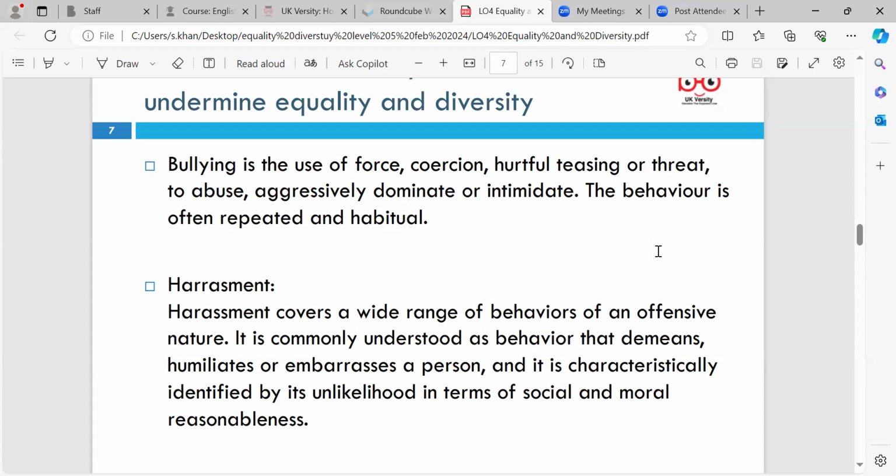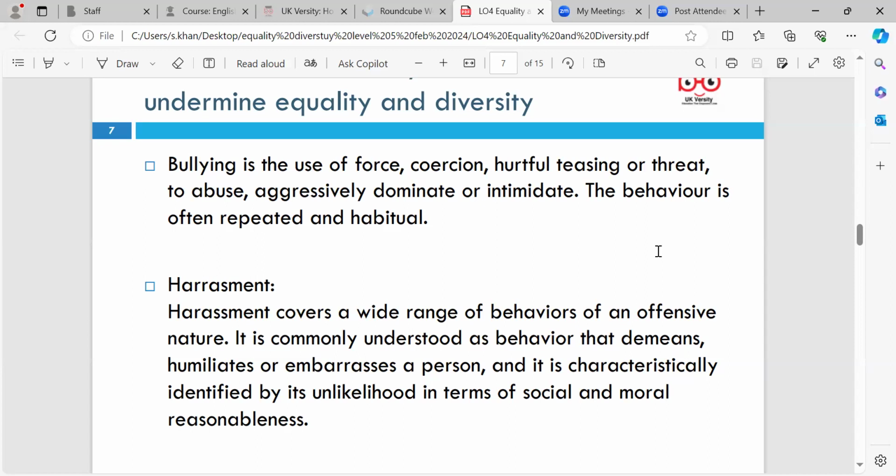You've got harassment, which covers a wide range of behaviors. It's commonly understood as behavior that demeans, humiliates, or embarrasses a person, and it's identified by its unreasonableness in terms of social or moral standards. It's unwanted, uninvited, and unwelcome, and causes nuisance and alarm.